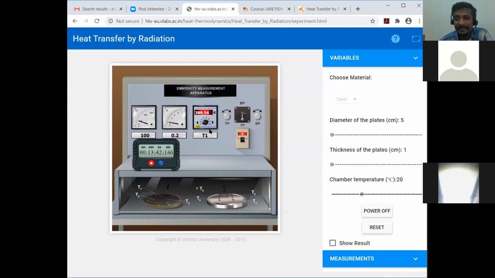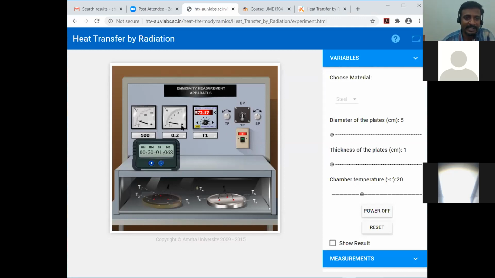We give only 35 volt, a much lower voltage, because if the amount given is too high, the temperature that it reaches is very high, and the time that you have to wait will be very, very long. So we give very small values, and we try to finish the experiments within the given time. Even for that itself, you may have to wait for 1.5 hours. So in our laboratory, we give 35 volts as the smaller voltage and smaller amperes.